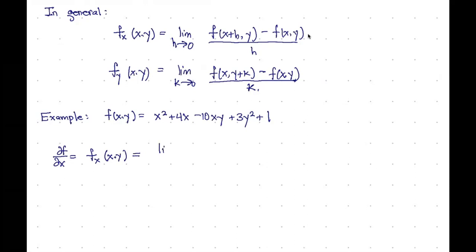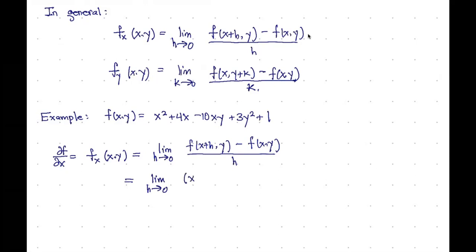For right now, just looking at the limit definition, this would be the limit as h approaches 0 of f(x + h, y) minus f(x, y) all over h. And so all of the x's are going to be affected when we do f(x + h, y), not the y values.